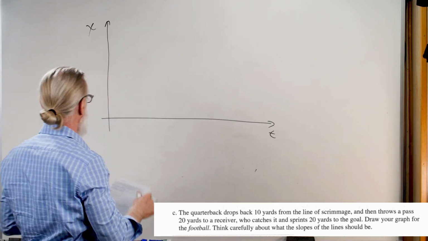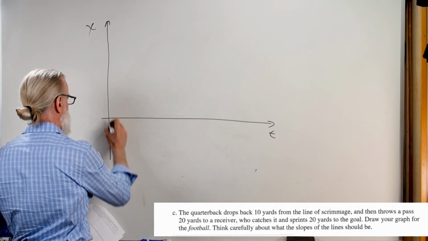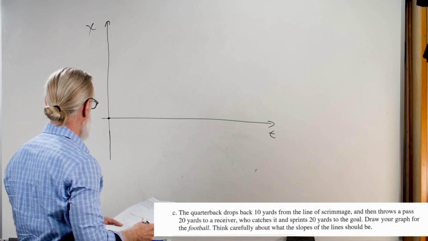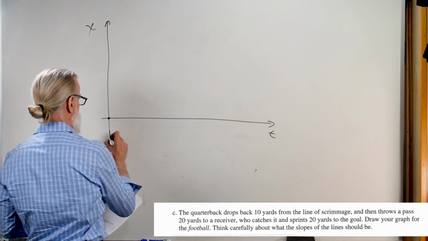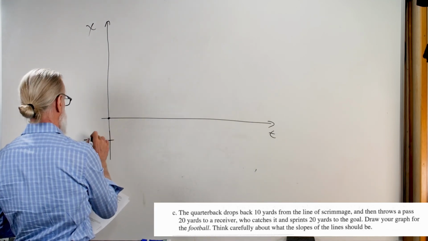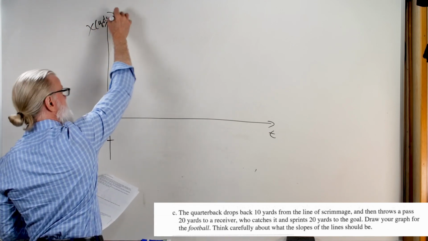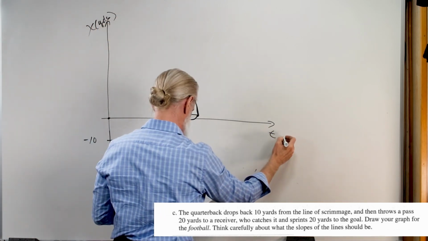All right. Where he snaps the ball, I'm going to make that 0. So he snaps the ball and drops back 10 yards, so here's negative 10, and this is in yards. This will be in seconds again.